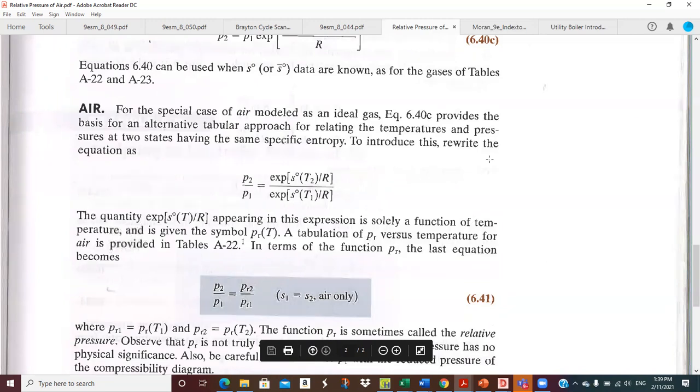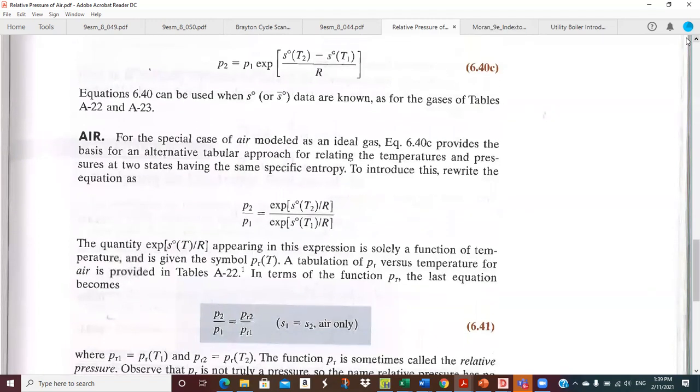Well, if you take this equation up above that you can't see and just rearrange it, it's pretty clear that I can write this in this form. My algebra is not real good, but I think I can figure that out. And so what happens is this: the exponential of S superscript 0 of T2 over R is tabulated, okay?